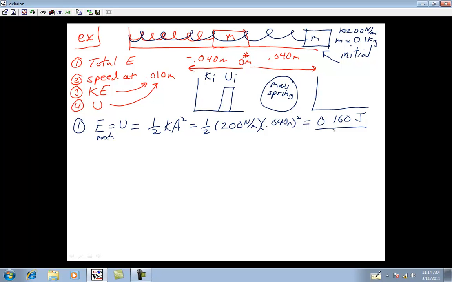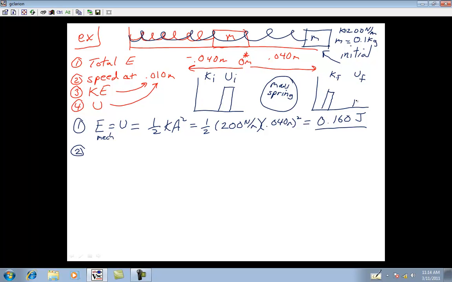Number 2 says, what's the speed at 0.010 meters? So let's call that the next position. For my kinetic energy and my potential energy, I would have to split that up.